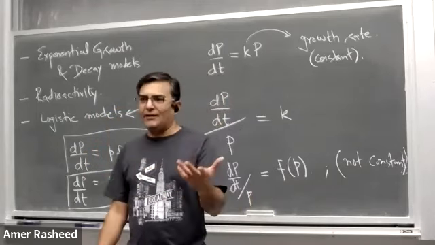Now these are two conditions. The growth rate decreases when the population increases. When it reaches its maximum capacity, the growth rate will become 0. So the growth rate is decreasing.